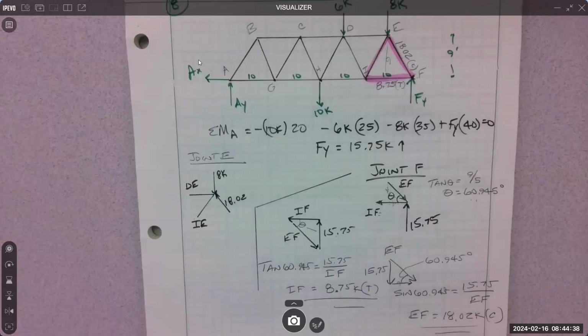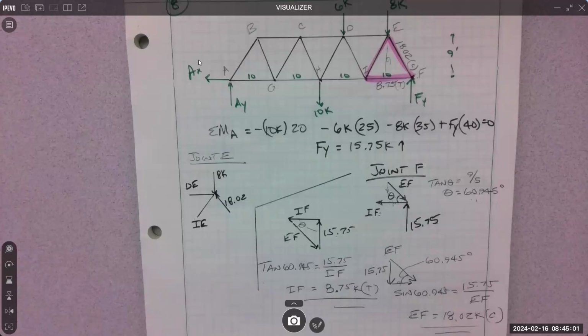Well, it depends on whether this component of the 1802 was bigger than 8. So this is EF, right?